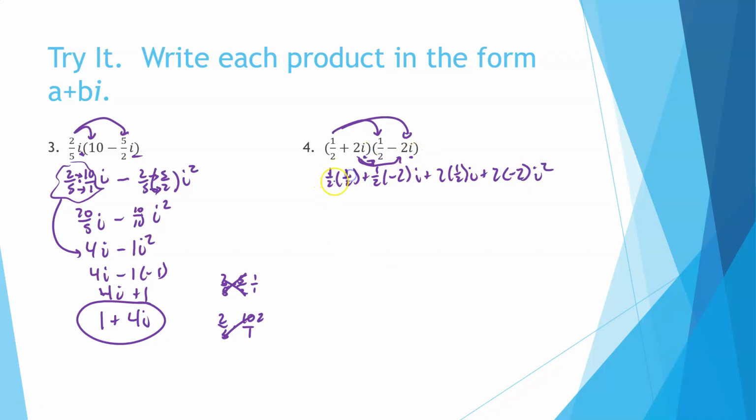All right, 1/2, top times top, bottom times bottom, I get 1/4. Half of negative 2 is minus 1i. 2 times 1/2 is plus 1i, and then 2 times negative 2 is minus 4i squared. These i's cancel out in the middle. I get 1/4 minus 4 times negative 1, which is 1/4 plus 4.